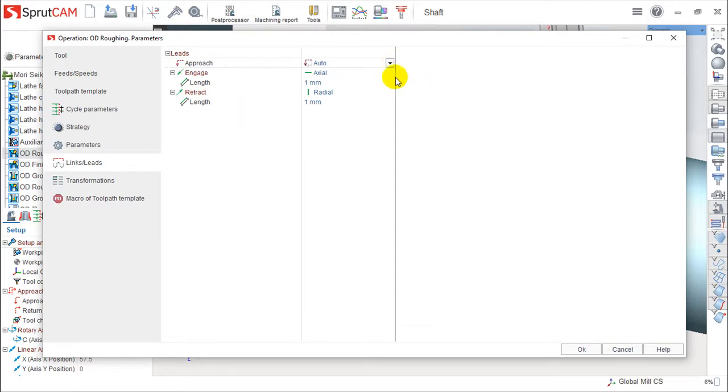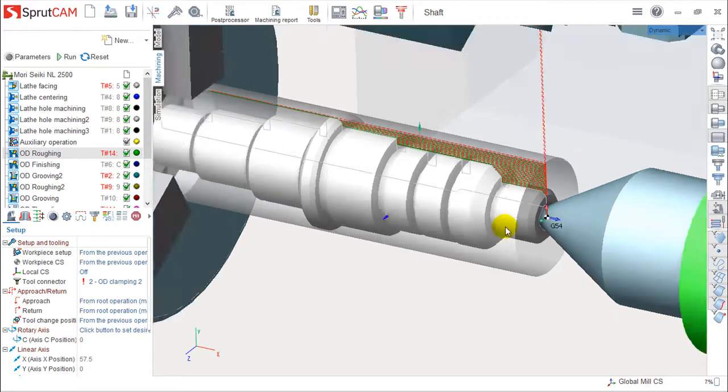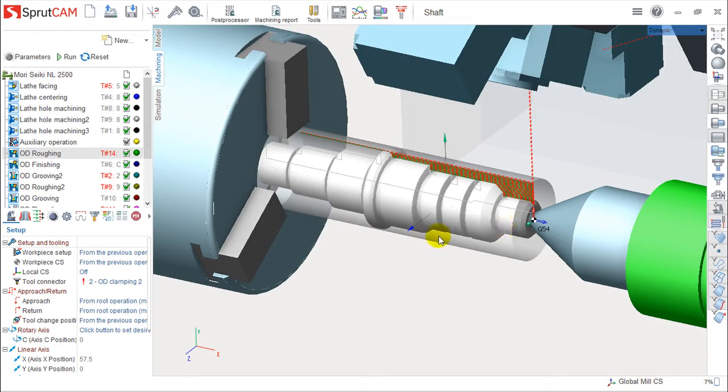So engage, retract, we can choose from all of these things, and choosing the mode or the type we want, we can define also some distances, and basically it's like that. So not so many parameters, even though it's a little different because it's a very specific area. I think it's not very hard for a user to enter this area.